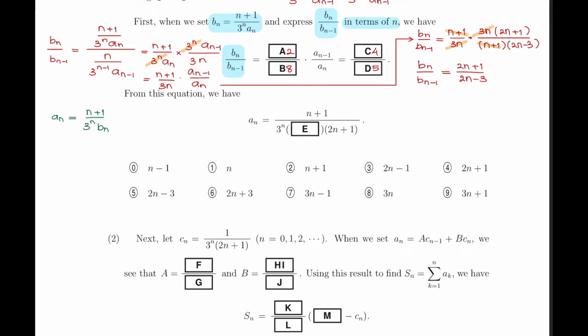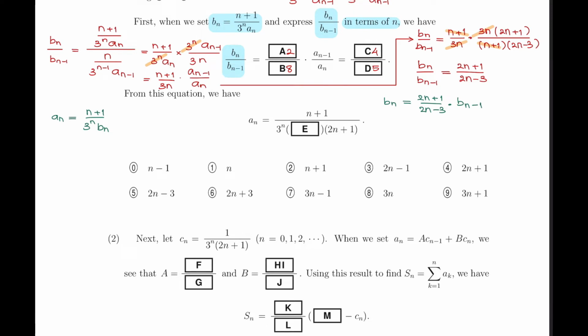And my prediction is Bn must be equals to blah blah blah times 2n plus 1. So now we have to think about what is Bn. From this equation, Bn is equals to 2n plus 1 over 2n minus 3 times Bn minus 1.